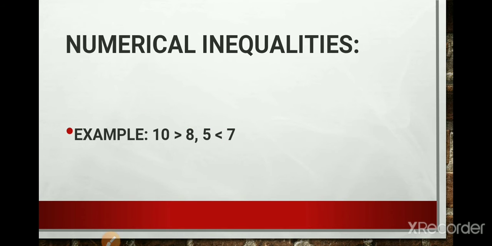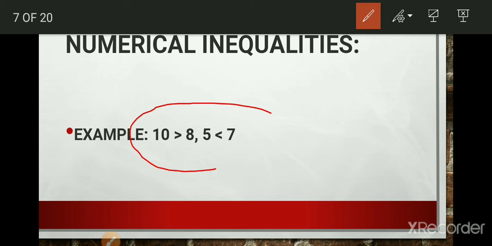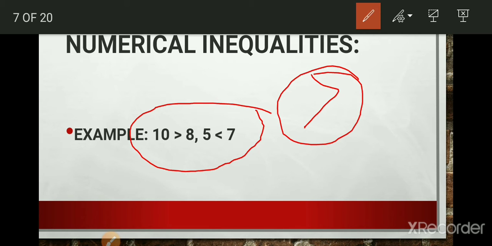Numerical inequalities. If only numbers are involved in the expression, then it is a numerical inequality. The example is shown here: 10 is greater than 8 and 5 is less than 7. The less than sign is an inequality symbol.